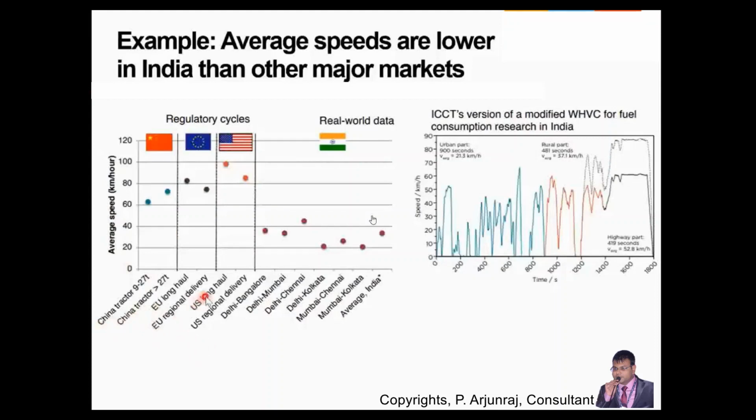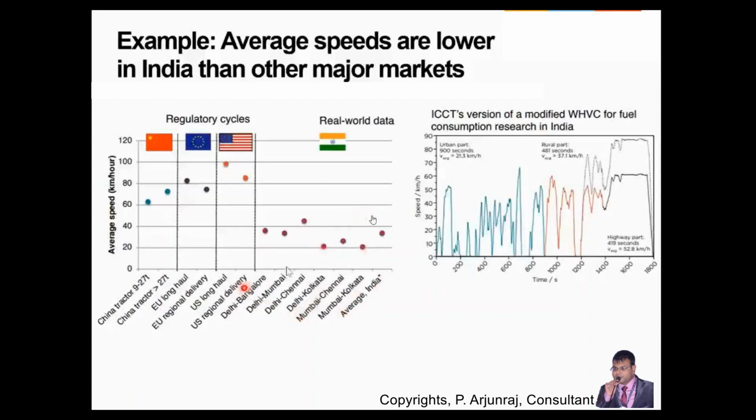And again, different studies have been done for different countries, and you can see the different vehicles running in different places in India itself, where the average speed has been taken based on the national highway routes: Delhi to Bangalore, Delhi to Mumbai, Delhi to Chennai, Delhi to Kolkata, Mumbai to Chennai, Mumbai to Kolkata.